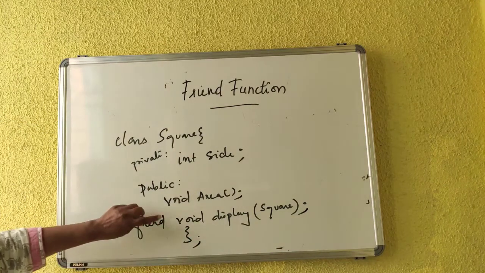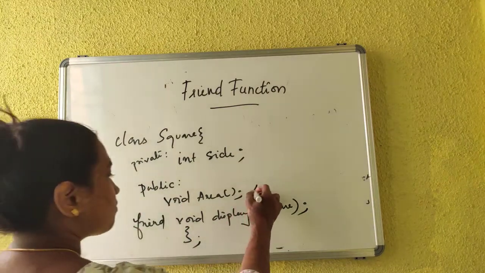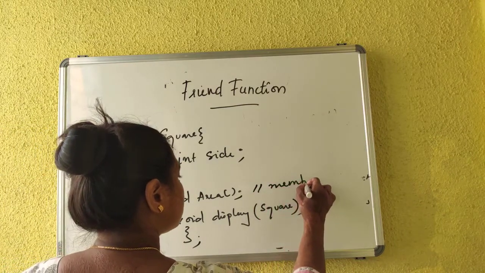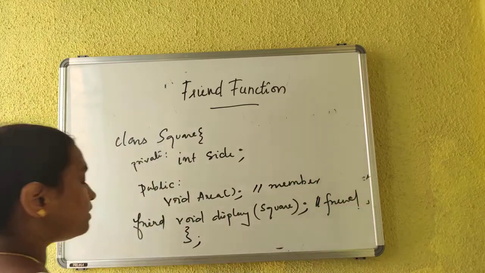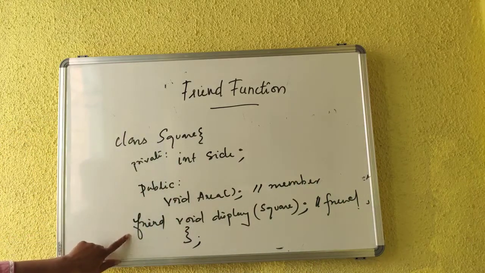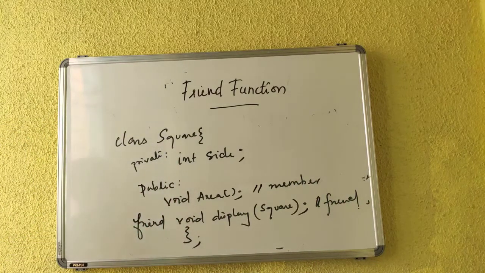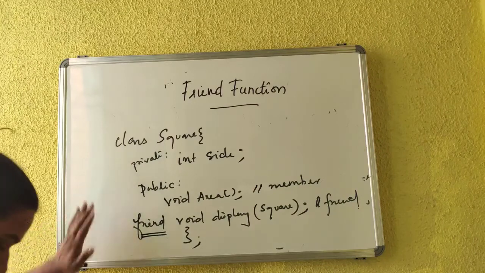You can see the difference between a normal member function and a friend function. What is the difference? You use the keyword called friend. Clear? I hope you have noted this down.